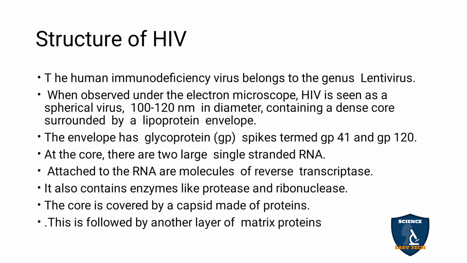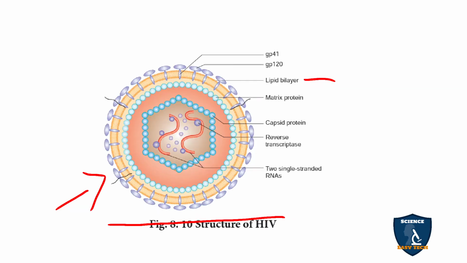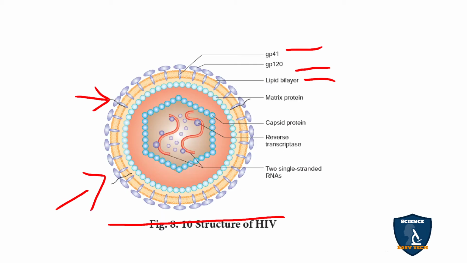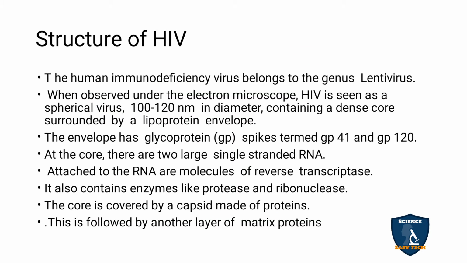The envelope has glycoprotein. You can see these knob-like structures, called the glycoproteins GP41 and GP120. At the core there are two large single-stranded RNA molecules, the nucleic acid.